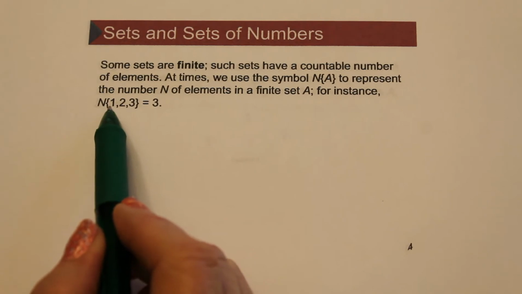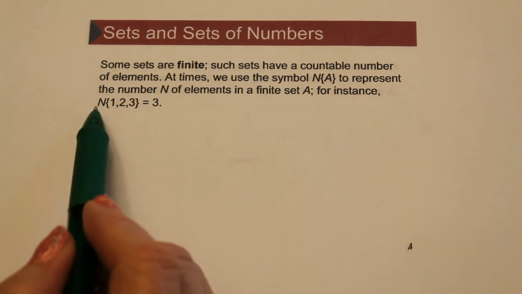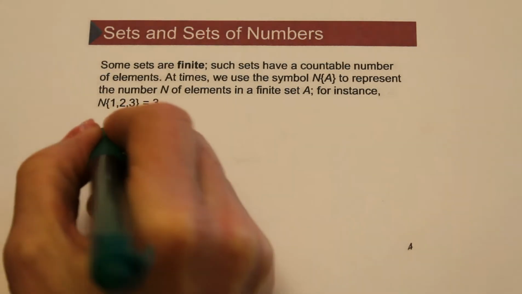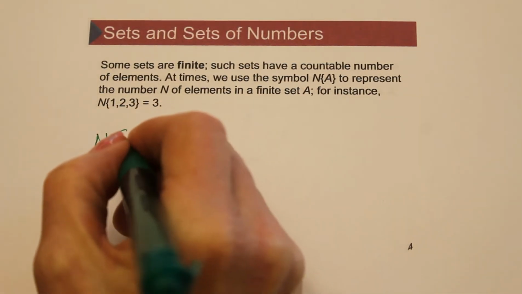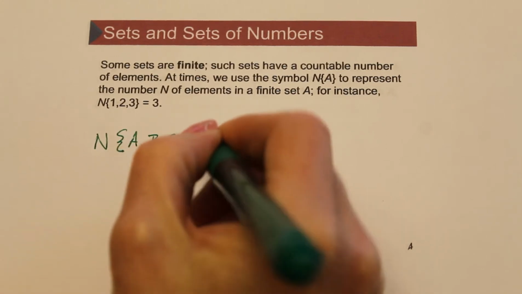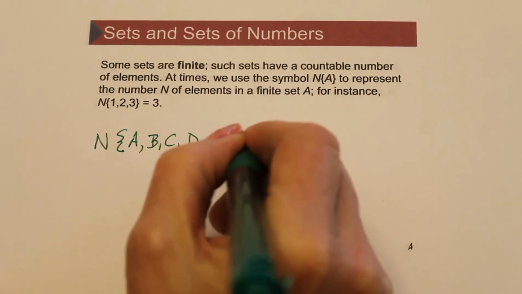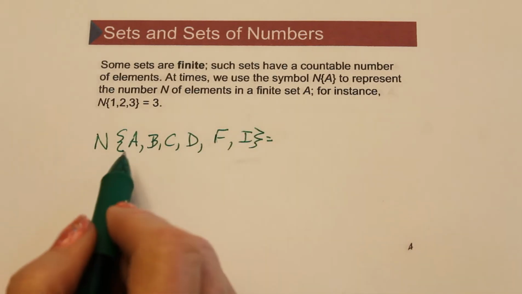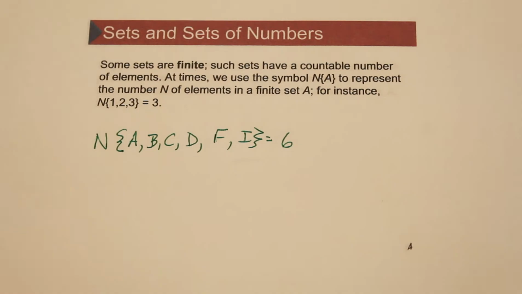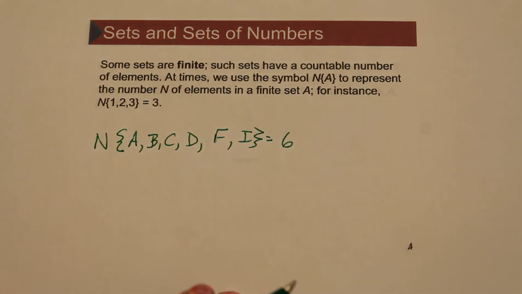So if I have the set 1, 2, 3, the number of elements in that set would be 3. If I wanted the number of elements in my set A, B, C, D, F, I, that's 1, 2, 3, 4, 5, 6, so the number of elements in that set would be 6.